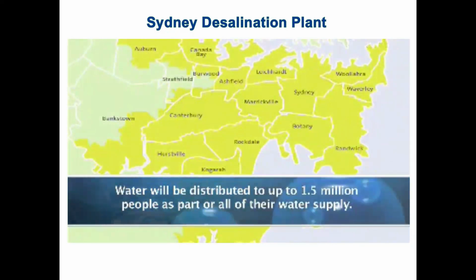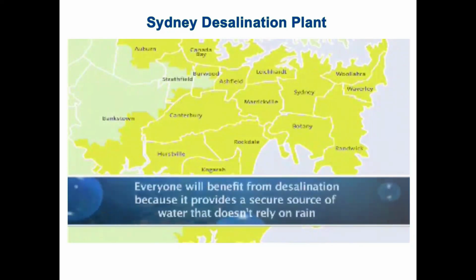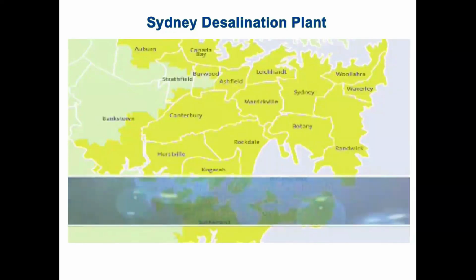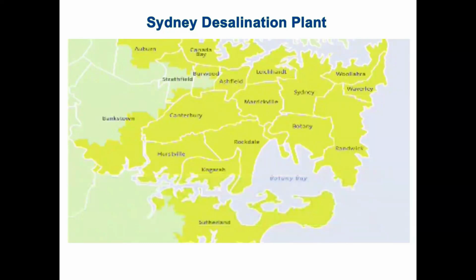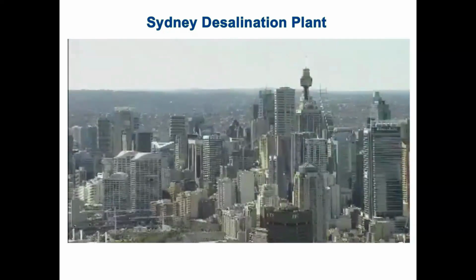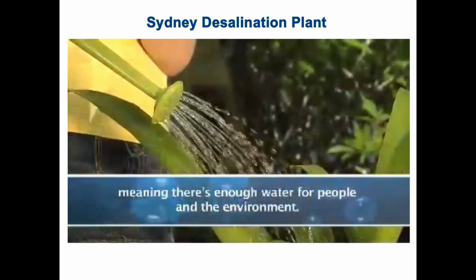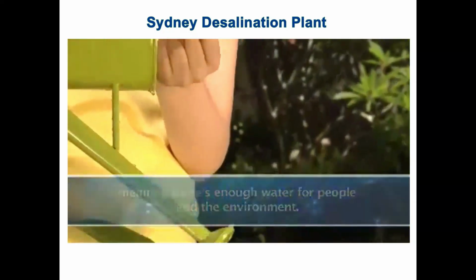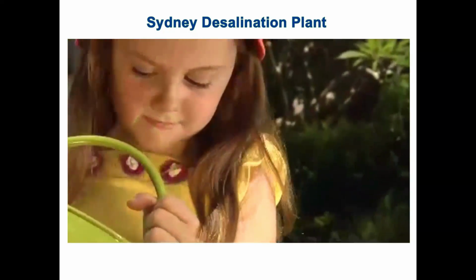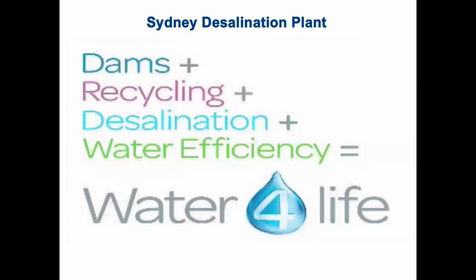So 1.5 billion people benefit from desalination in this area. You can see the main city. If you live in this area, you have desalinated water combined with dam water. The taste is not different.